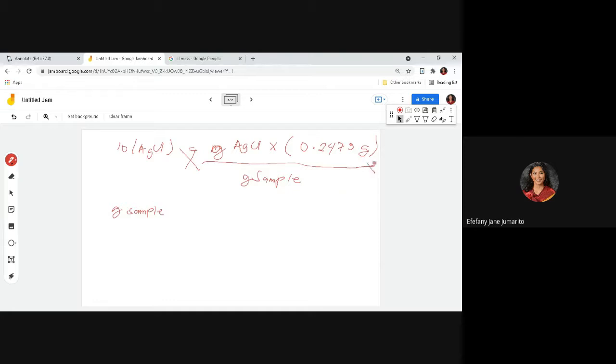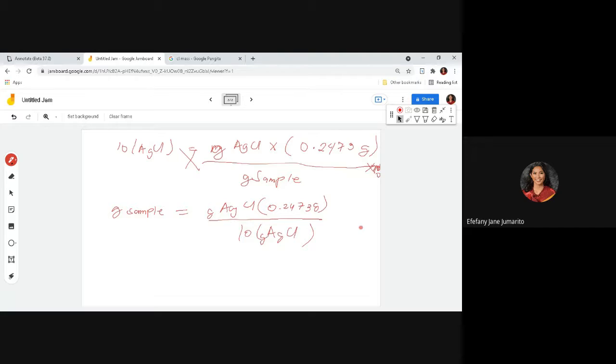Now let's not forget 100, because it's percent, times 100. So gram sample is equal to grams AgCl times 0.2473 grams over 10 AgCl.